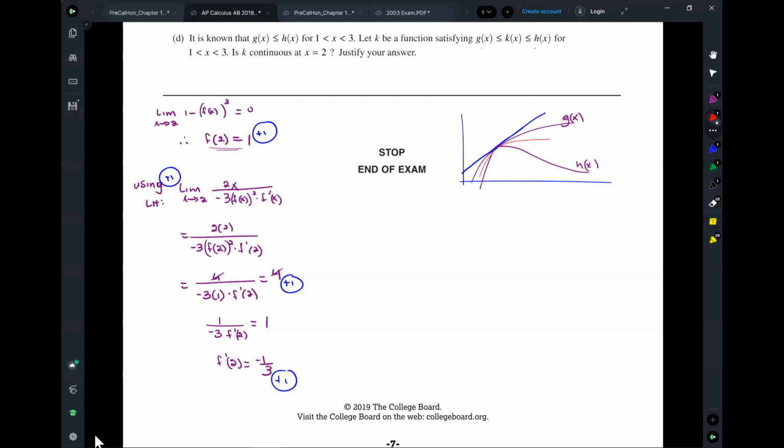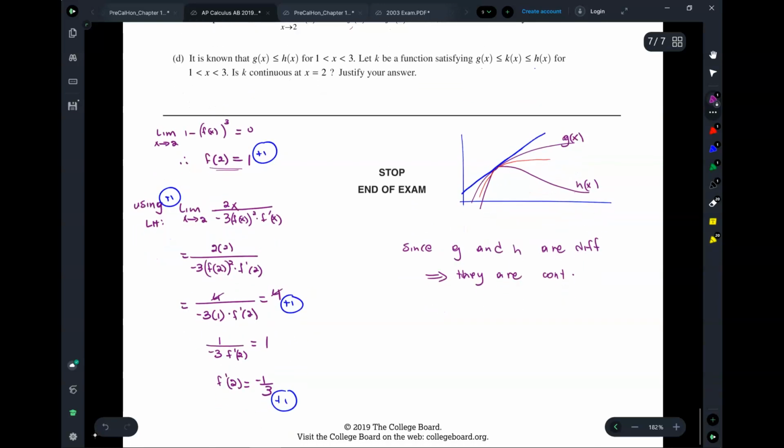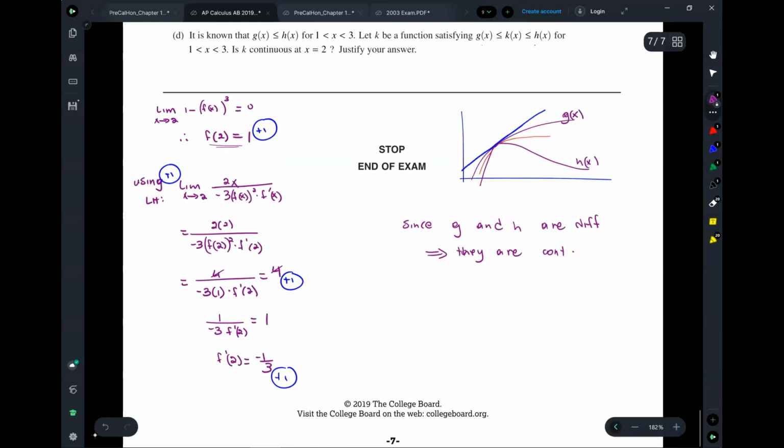But how are you going to write that down? So you say, since g and h are differentiable, it means they are what? Continuous. How do you know they're differentiable? In the very first sentence, it says they are twice differentiable.